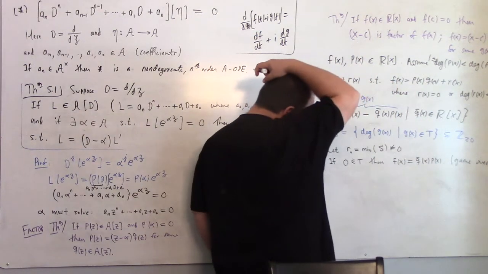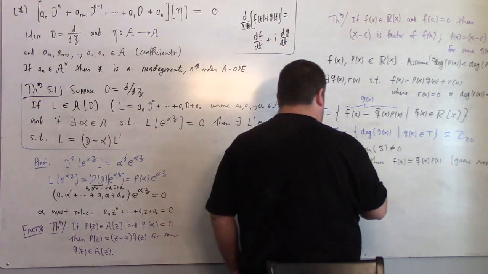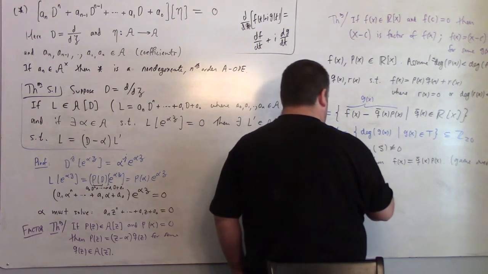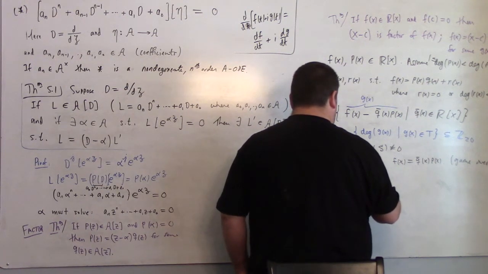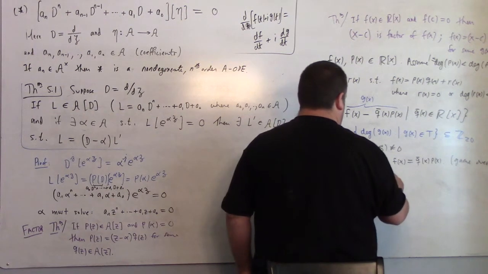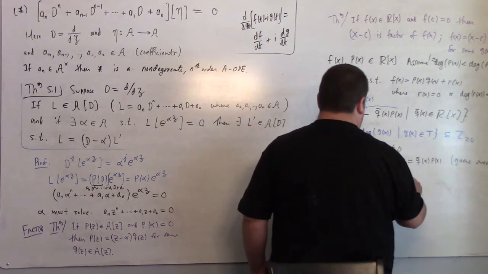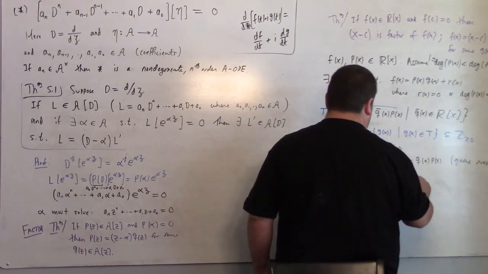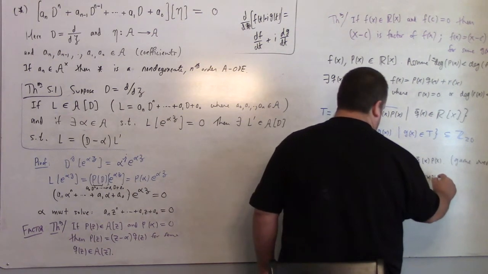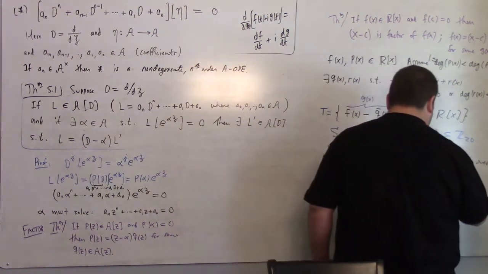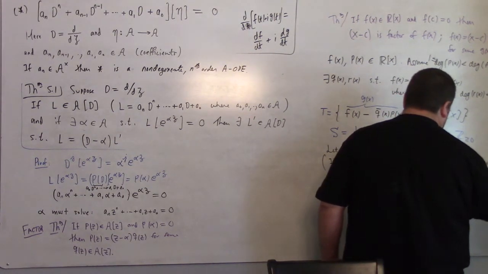Then there exists q bar of x such that, let's call it r of x, equal to f of x minus q bar of x times p of x, and the degree of r of x is equal to r naught.